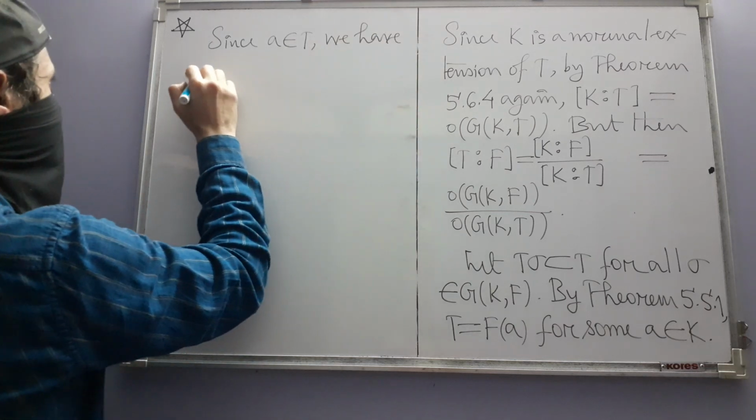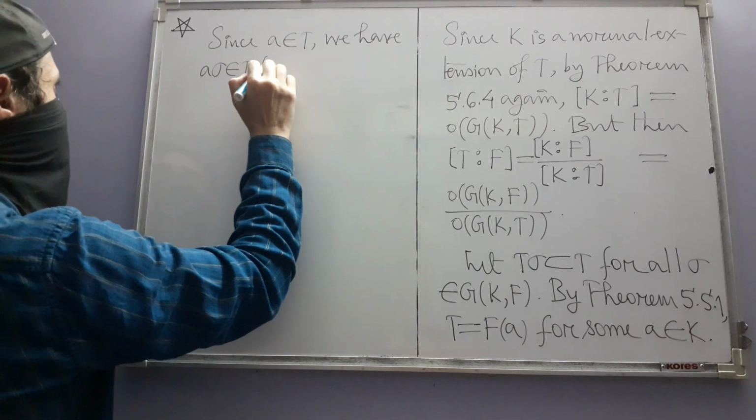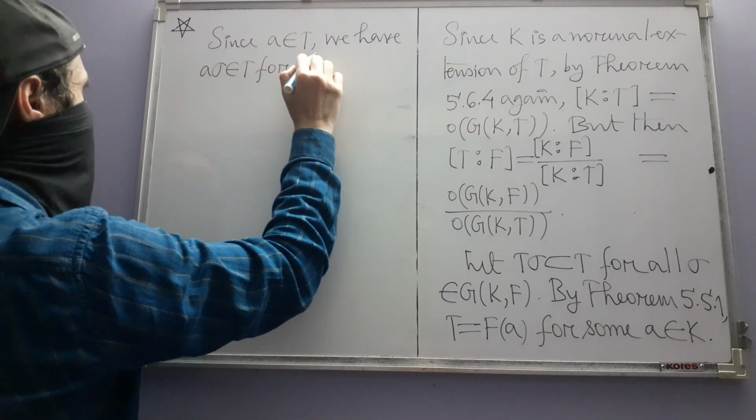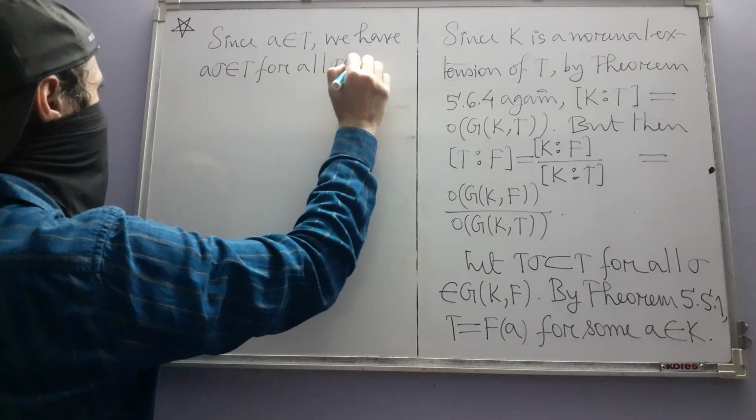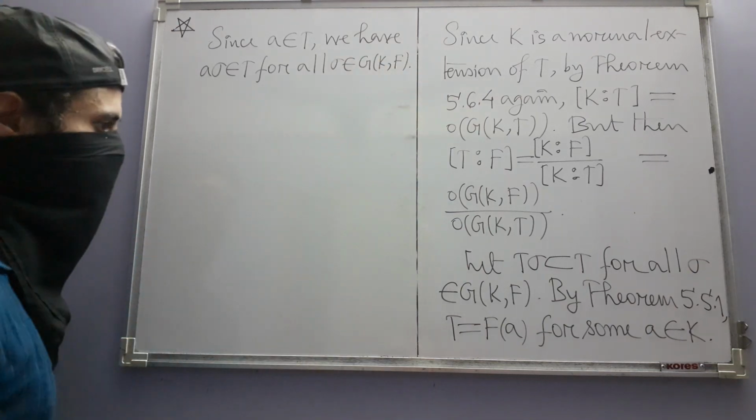So we have A sigma belonging to T for all sigma in the Galois group. Why?